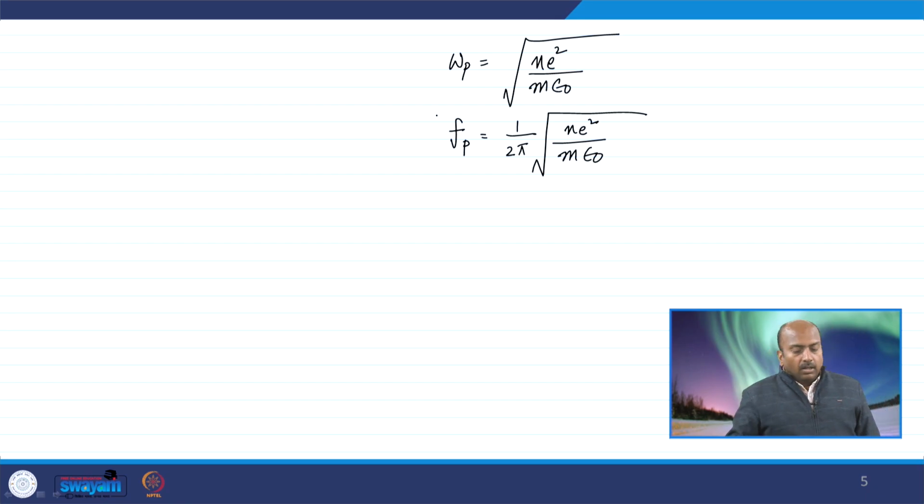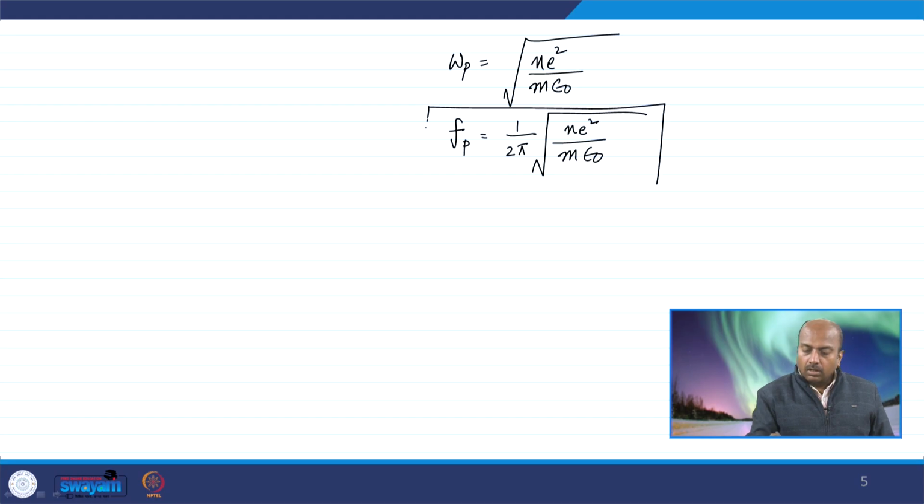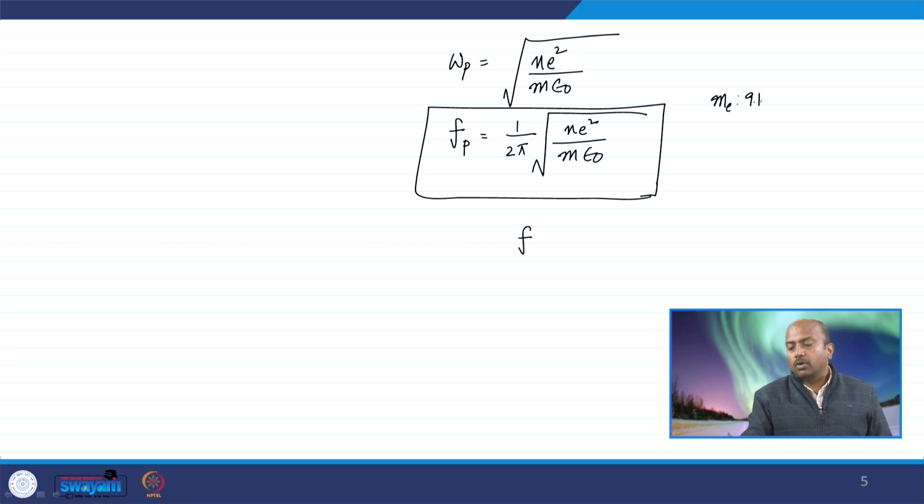Now, we can substitute the values. N can be anything; it can vary depending on the type of plasma. The mass of electron, we know, is 9.11 times 10 to the power of minus 31 kg.